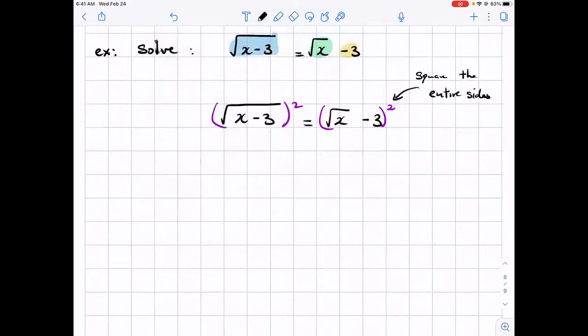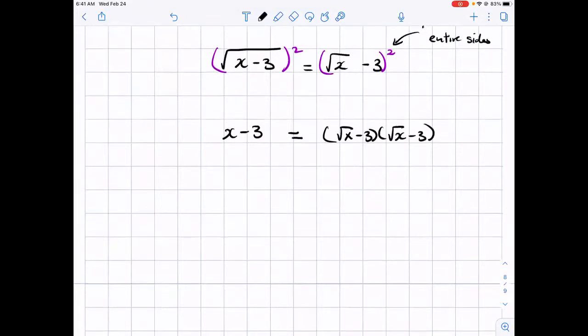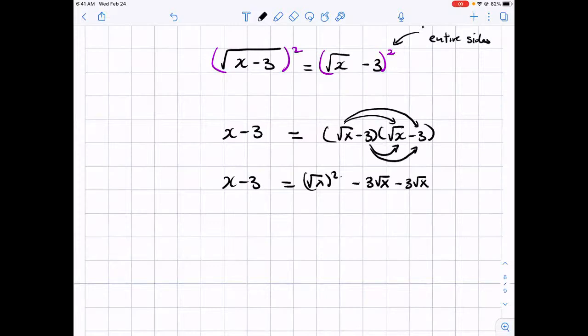So we know that this square will cancel, leaving x minus 3. But what happens on that side? This is really the square root of x minus 3 times the square root of x minus 3, right? When you multiply that out, if you FOIL this out, we get this times this, which is the square root of x squared, then this times that, which becomes minus 3 square root of x, then this times this becomes minus 3 square root of x, and minus 3 times minus 3 becomes plus 9.